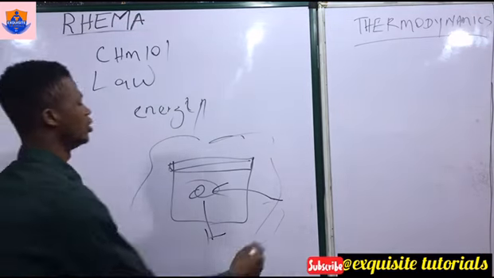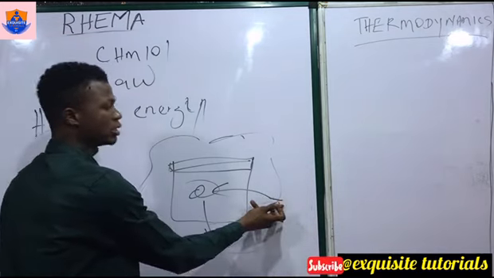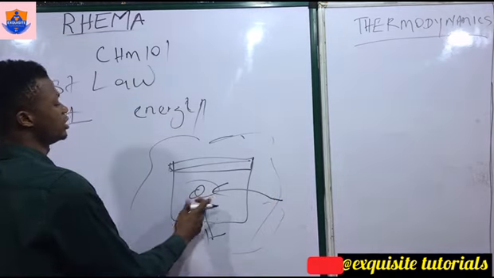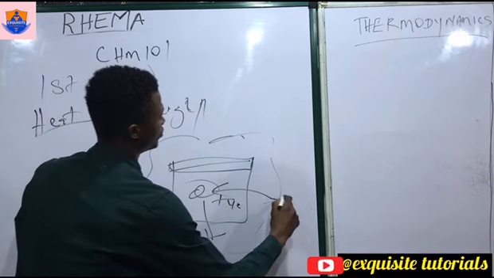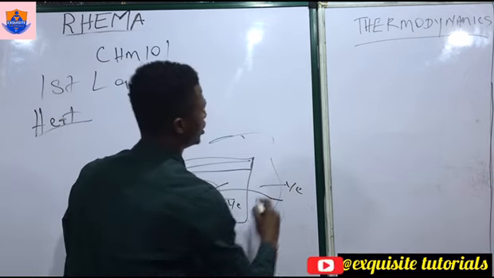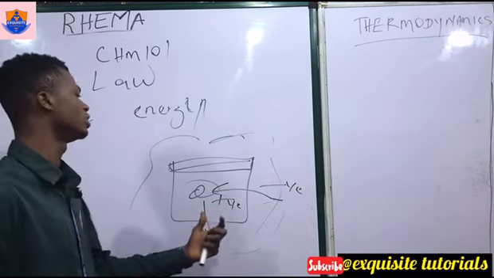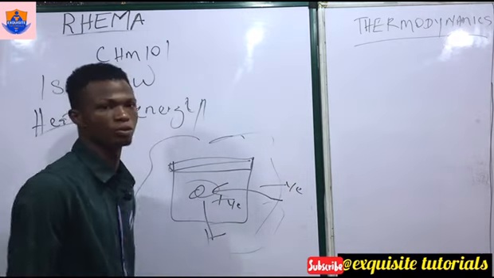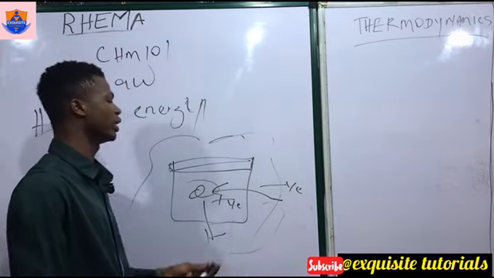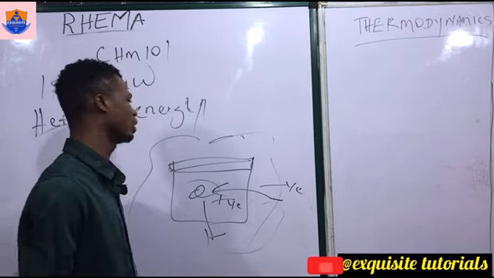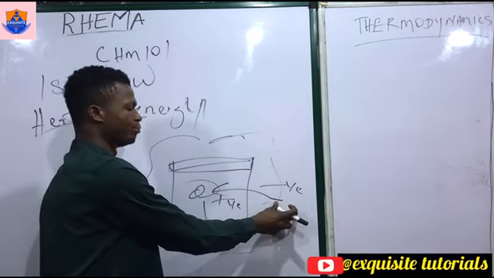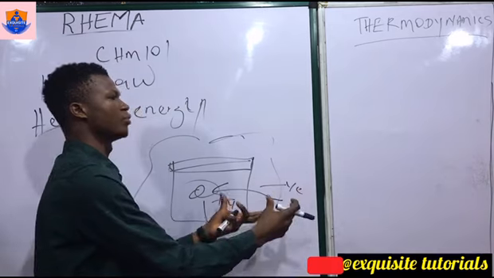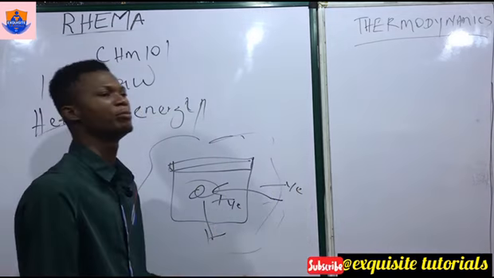When heat is going from the surrounding to the system, the system is gaining heat, becoming positive, and the surrounding is losing heat and becoming negative, which means the energy was not created from nowhere. So energy can neither be created nor destroyed. Energy can only go from one place to another, or from one form to another.